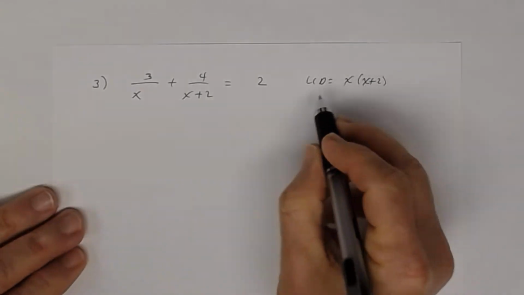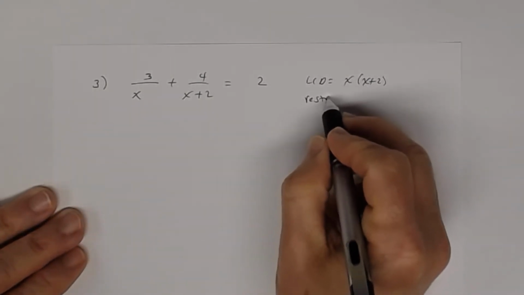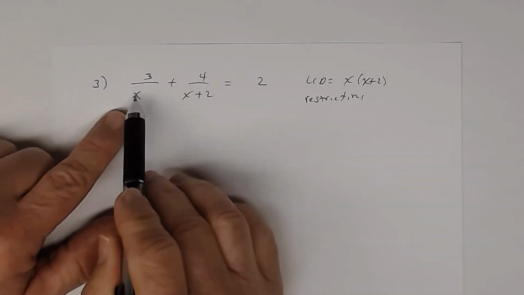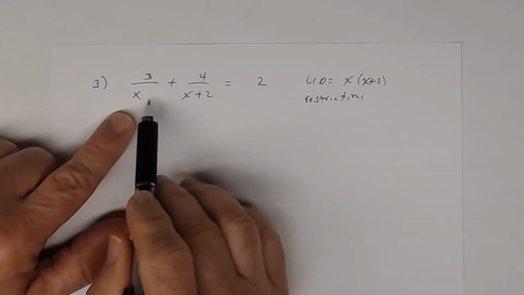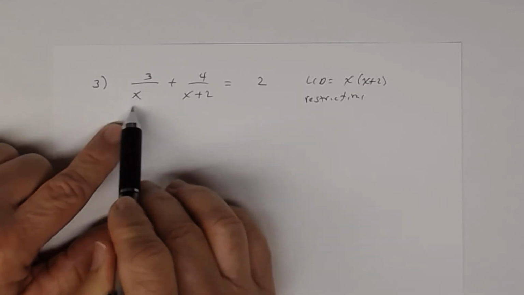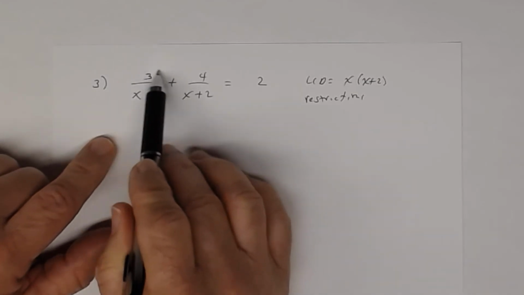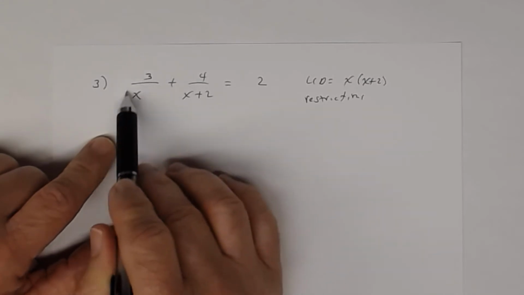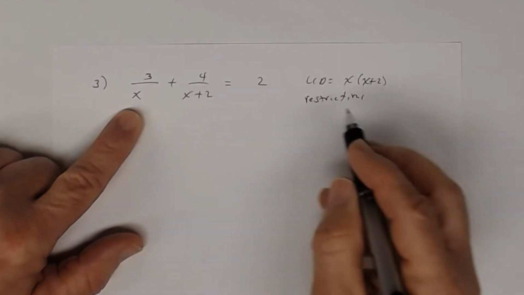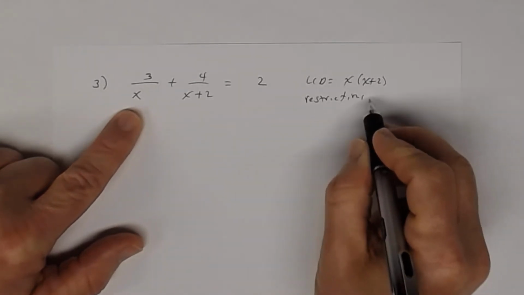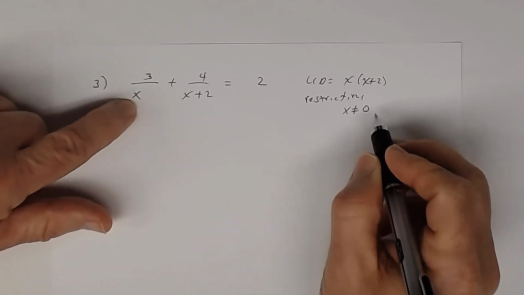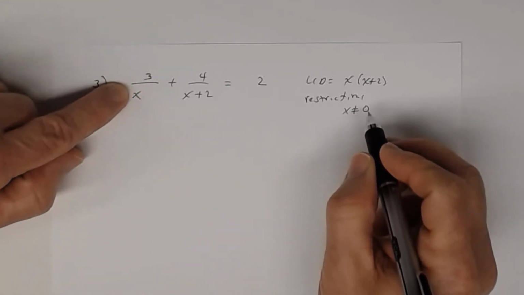Now, the next thing you have to do, remember, is to find the restrictions. You look at each of those factors that are in the denominators and ask yourself, what makes this denominator 0? Because you don't want that rational expression to be undefined. So this is just x. What makes that 0 is when x is 0, right? So x cannot equal 0, because that will make this denominator 0, which makes this rational expression undefined.